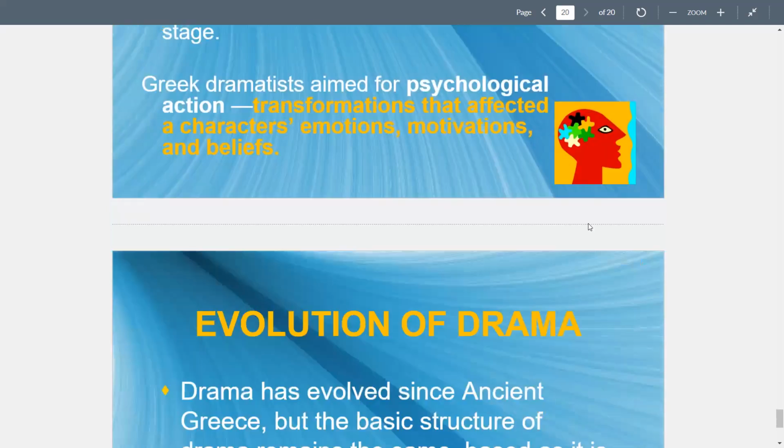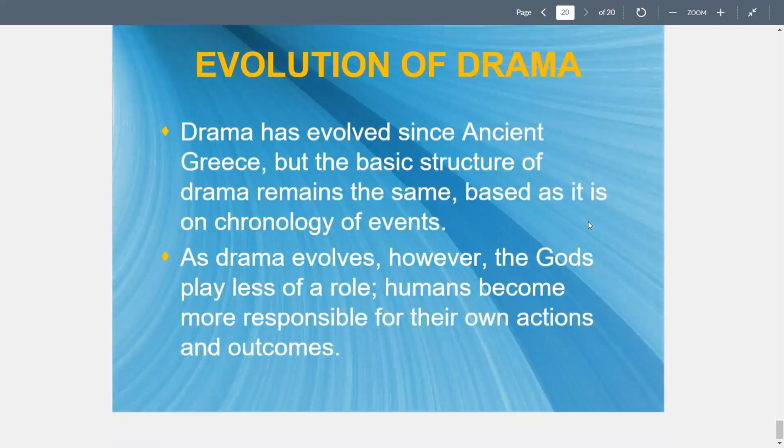And drama has evolved since ancient Greece, but the basic structure of drama remains the same, based as it is on chronology of events. But as drama evolves, the gods play less of a role. So humans become more responsible for their own actions and outcomes. You'll see with Oedipus that a big deal is fate and fighting against fate. And we'll talk about that when we get to the Oedipus PowerPoint in a separate video.